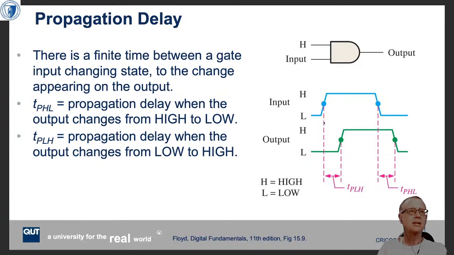Because there's this difference in time, if a signal propagates through a device and one chain of signal goes through a different number of gates compared with another chain, then not only do you get TPLH, that propagation delay from low to high, you may get 2 TPLH or 3 TPLH or 10 TPLH.